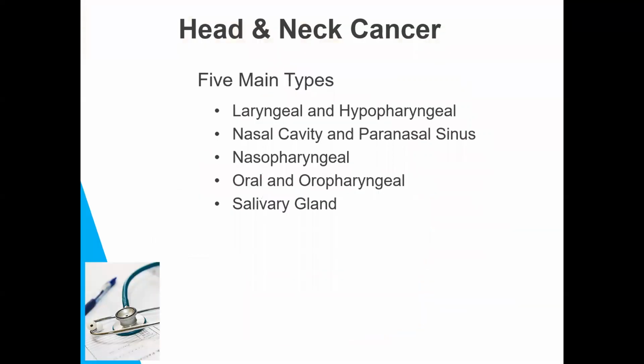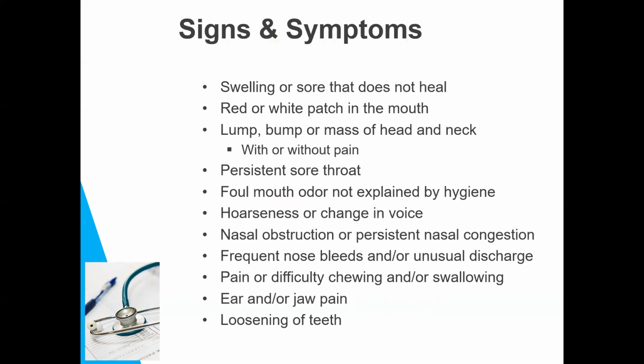There are 5 main types of head and neck cancers: laryngeal and hypopharyngeal, nasal cavity and paranasal sinus, nasopharyngeal, oral and oropharyngeal, and finally the salivary glands. When it comes to screening for these cancers, people who routinely drink alcohol, currently smoke, or are past users of tobacco products should receive a general health screening examination at least once a year.